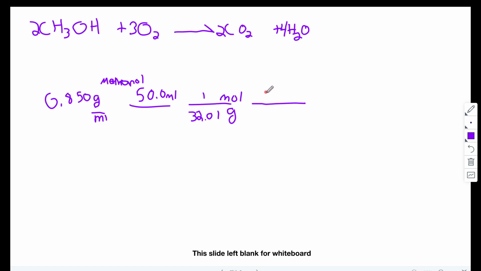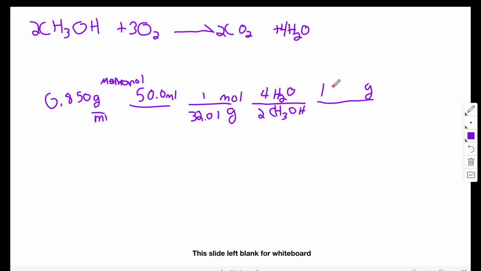The question is asking for how many grams of water, so we'll put 4 H2O from our balanced equation. We'll put 2 CH3OH, and then we'll finally finish it out by getting out of moles. And our out of moles is grams from the question.